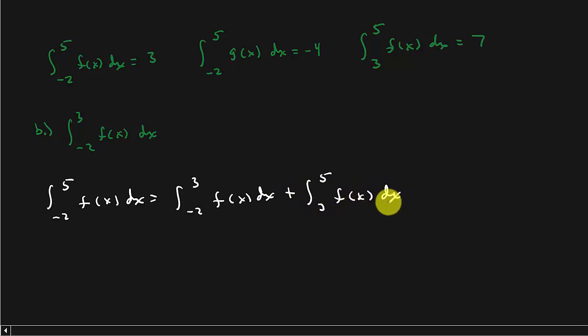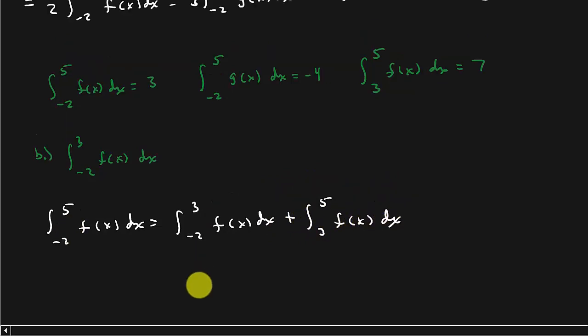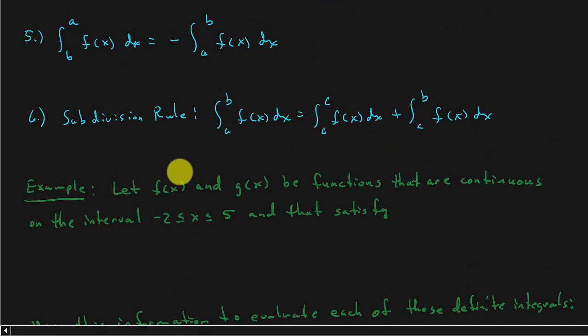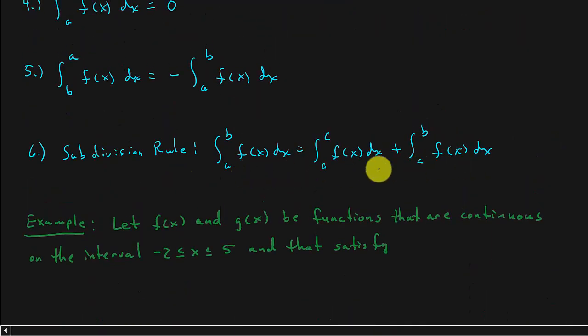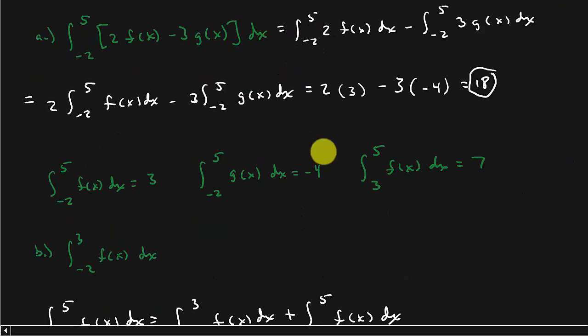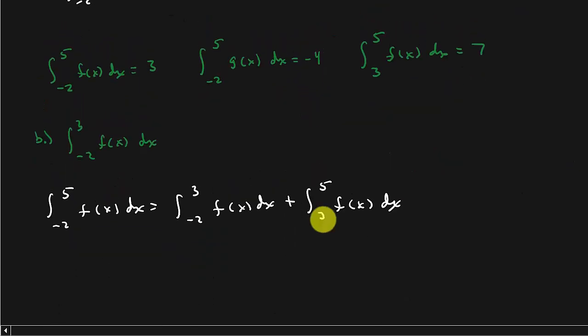Remember that property up here that says we can break it up? If we have a number between a and b, we can go from a to that number and then that number to b. And that's all I did here. I just decided to break this one up at 3 because, see, I have a 3 to 5.